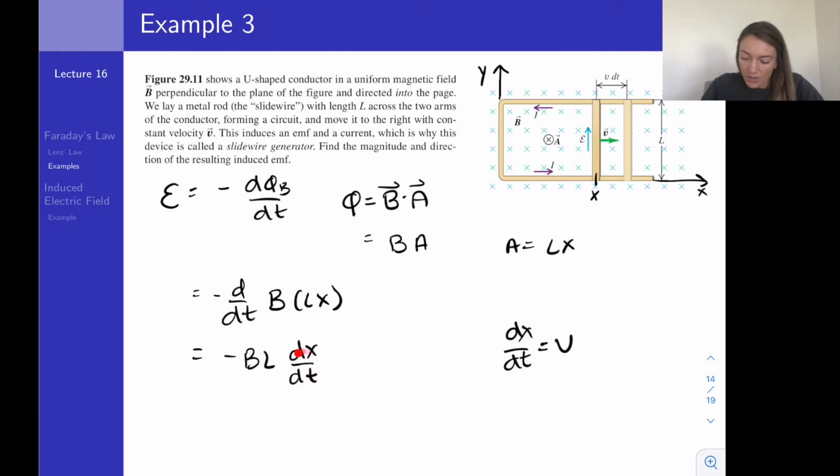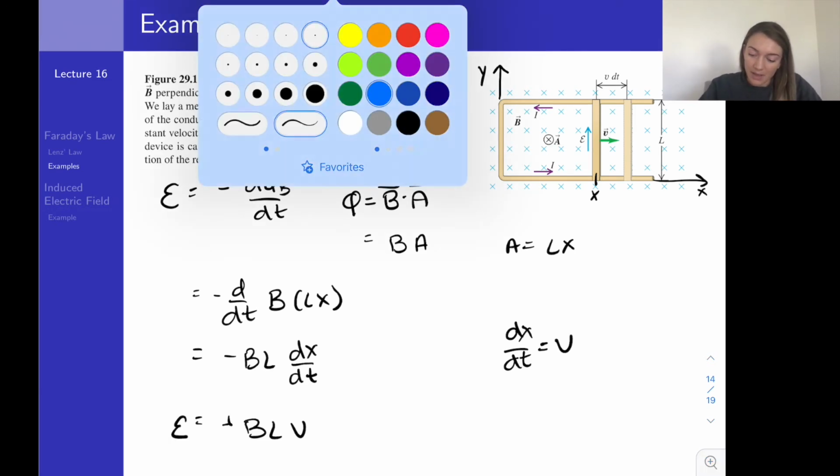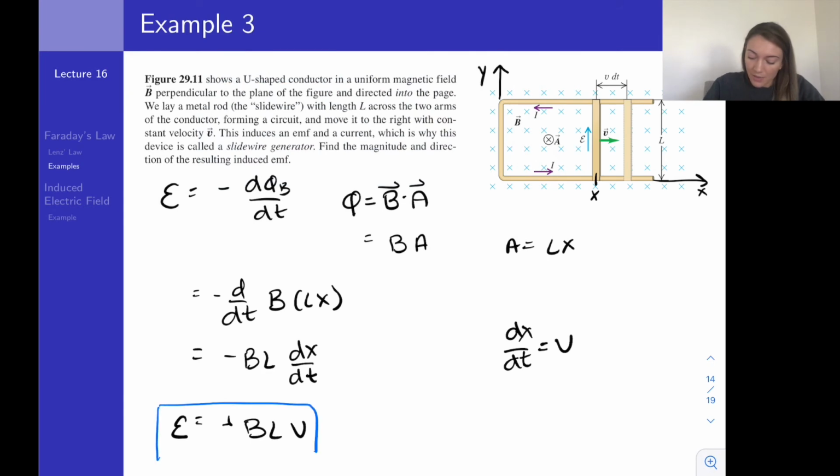So we can just rewrite this as the velocity. And then we just get B times L times the velocity. And that's our induced EMF, or at least the magnitude of our induced EMF is just the magnetic field times the length of this wire times the velocity that you move this little sliding part to the right. And that's the magnitude of our induced EMF.